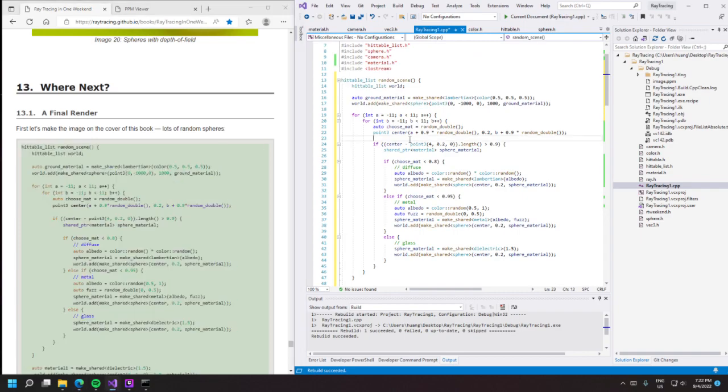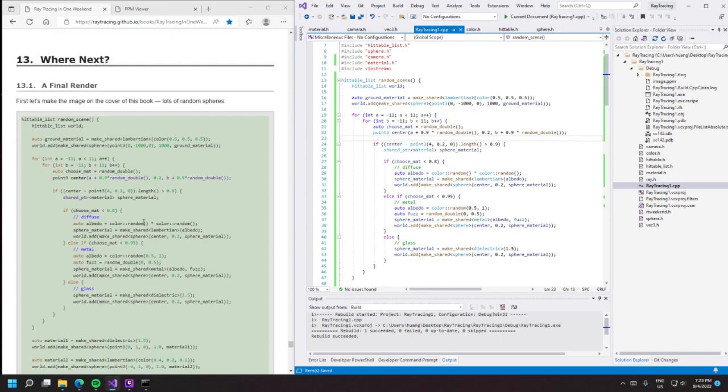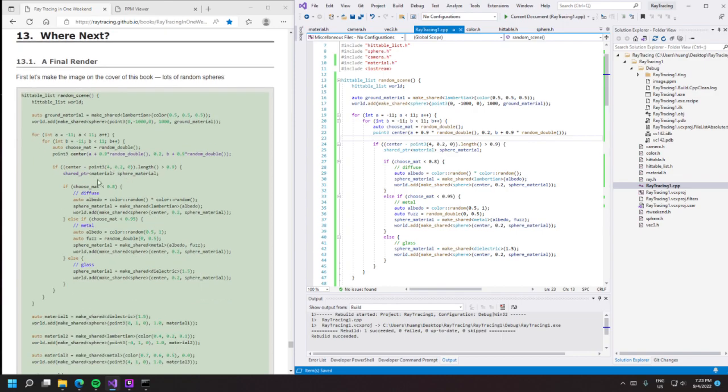Let's read. So we have this ground material, and we're choosing different random points as the center of the spheres. And then this part is doing the material.